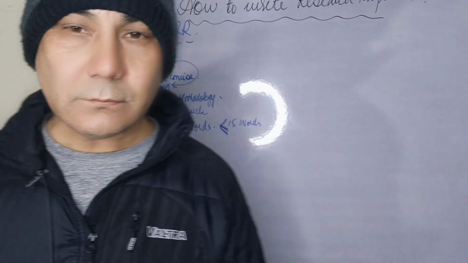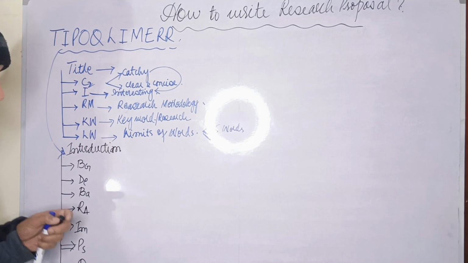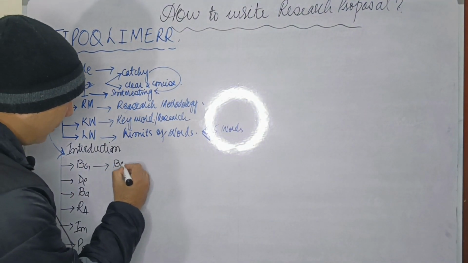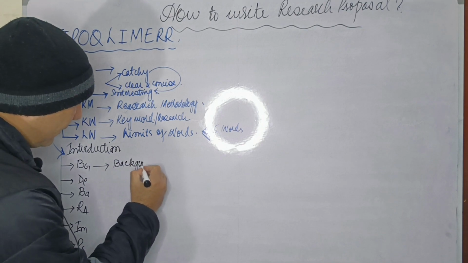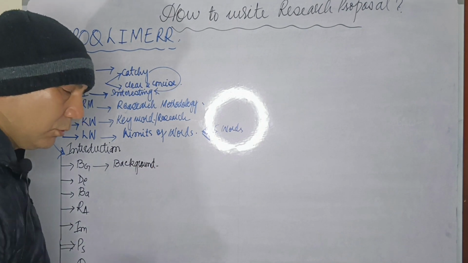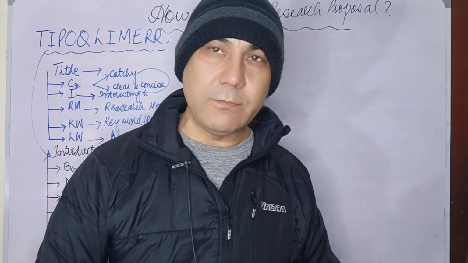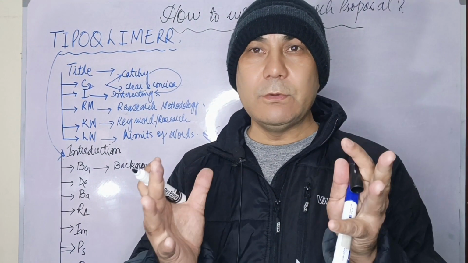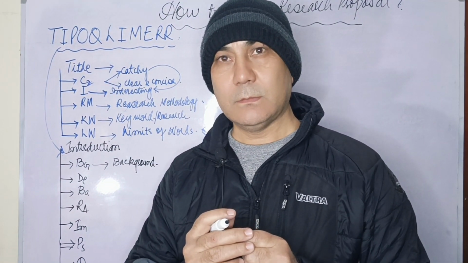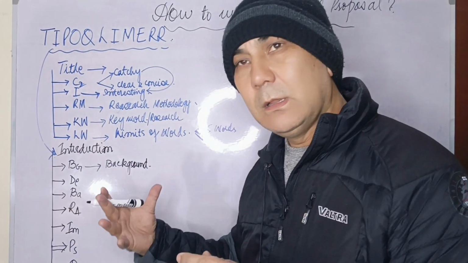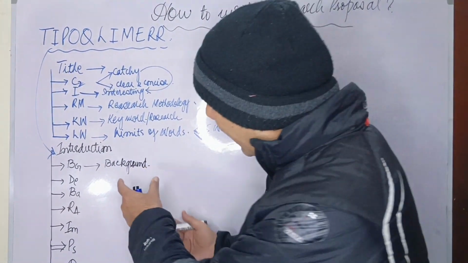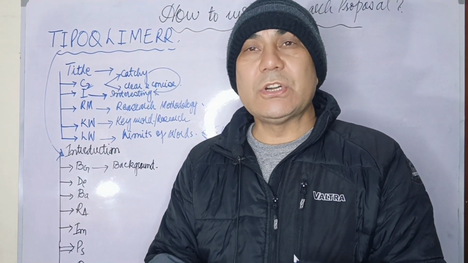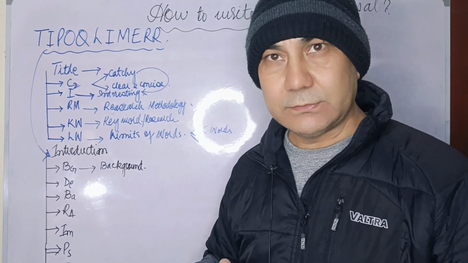Now what is the BG? BG is the background. You will write one or two paragraphs. In one paragraph you will write about the background of your research project, overall about your research topic.